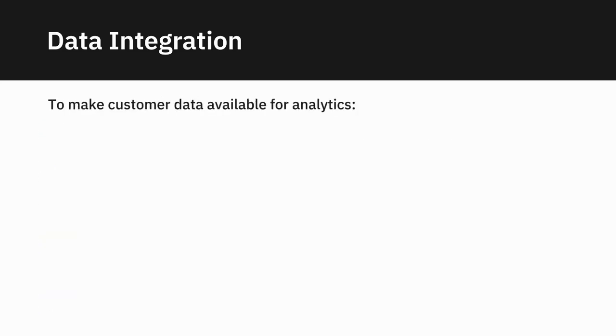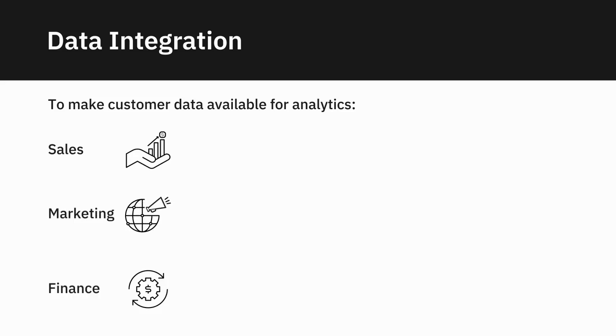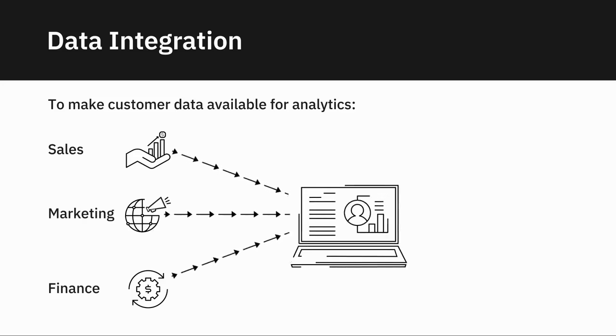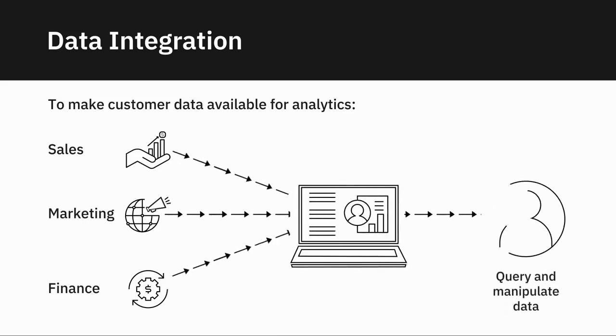For example, to make customer data available for analytics, you would need to extract individual customers' information from operational systems such as sales, marketing, and finance. You would then need to provide a unified view of the combined data so that your users can access, query, and manipulate this data from a single interface to derive statistics, analytics, and visualizations.